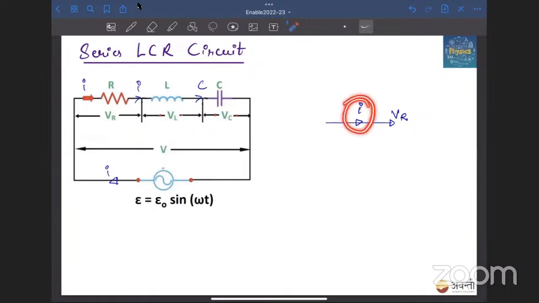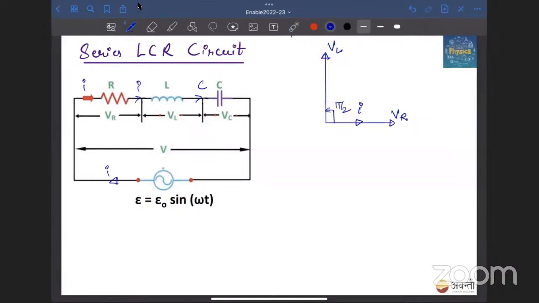So current is here, current is lagging than voltage, means the voltage of inductor, bachcho, will be little bit up, pi by 2 leading voltage of inductor. Satisfied? So this is the voltage of inductor and current is lagging by pi by 2.